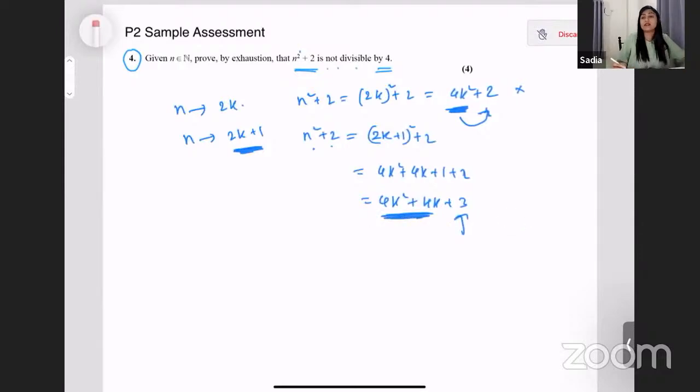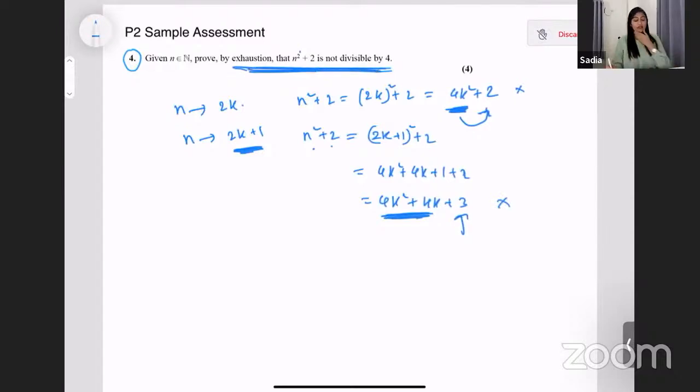It's 3 greater than a multiple of 4, right? For 4, 8, 12, 16, the numbers are at a difference of 4. Adding 3 to any multiple of 4 won't result in a multiple of 4. It will give us a value in between these two. So this is also not a multiple of 4. That's what we had to prove.